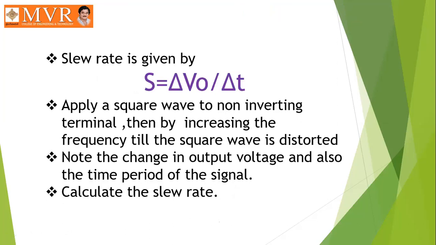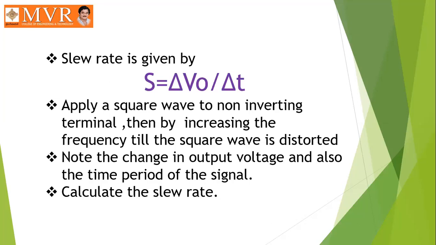With this concept we have completed the measurement of DC characteristics of the op-amp. The slew rate comes under AC characteristics; the rest come under DC characteristics. Those are input bias current, input offset current, input offset voltage, power supply rejection ratio, CMRR (common mode rejection ratio), and how to measure the output resistance and the input resistance.